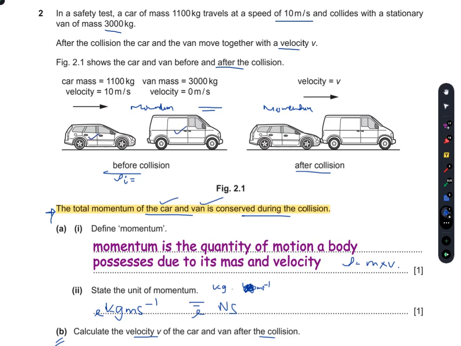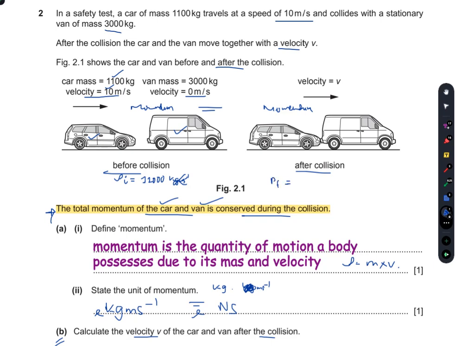The van has zero momentum because its velocity is zero, and the car has momentum only. So the initial momentum would be 1100 multiplied by 10 meters per second, which gives 11,000 kg meters per second, or you can ignore the units as well. So the initial momentum is 11,000, and this should be equal to the final momentum.